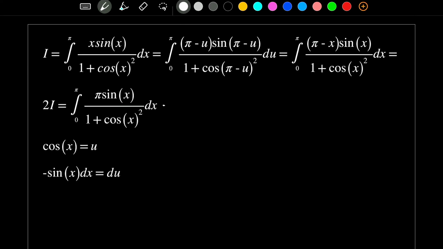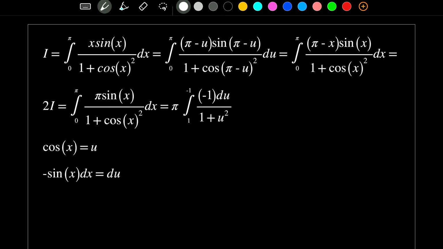Let's see what that does to our bounds. When you plug 0 into cosine x, that gives us 1, and minus 1 for pi. Then minus sine x dx is du. So if we put this pi in front, we get minus 1 times du for that part, and then 1 plus u squared.